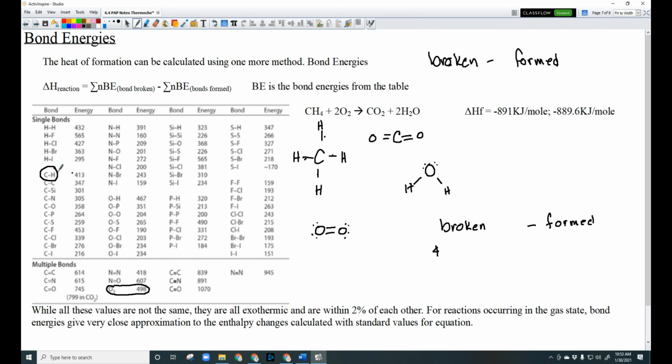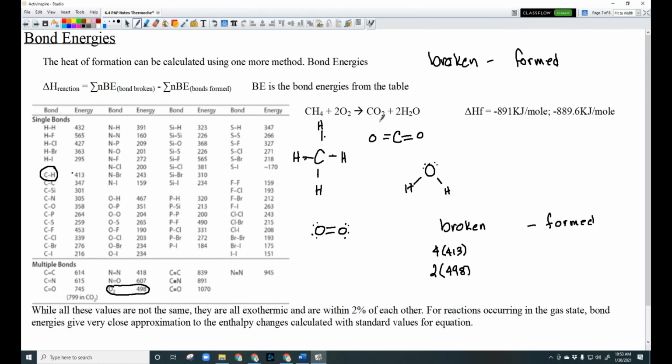So I need to look over here. Carbon hydrogen is 413. What else is going to be broken? It's going to be this O2 right here. So we have 2 moles of the 498. So that's the bonds that are being broken.